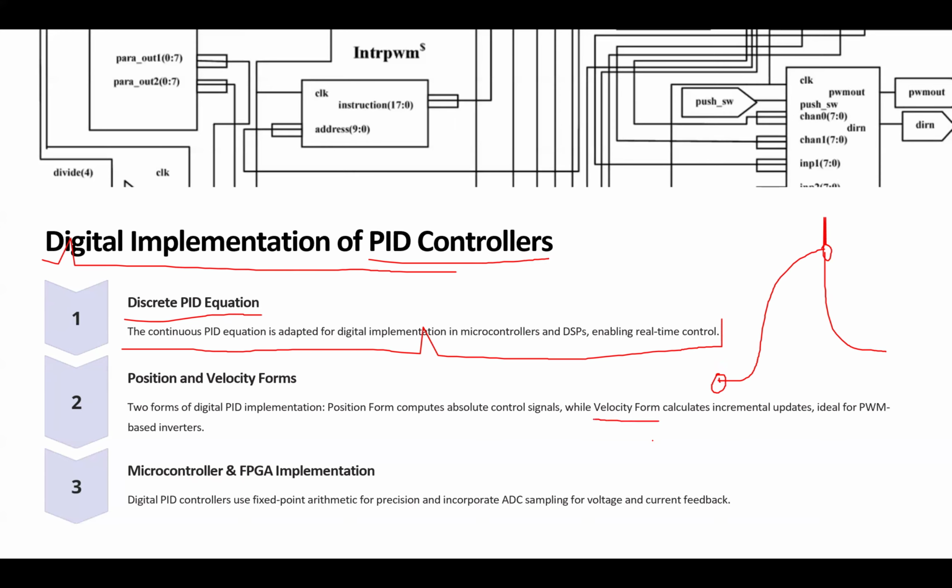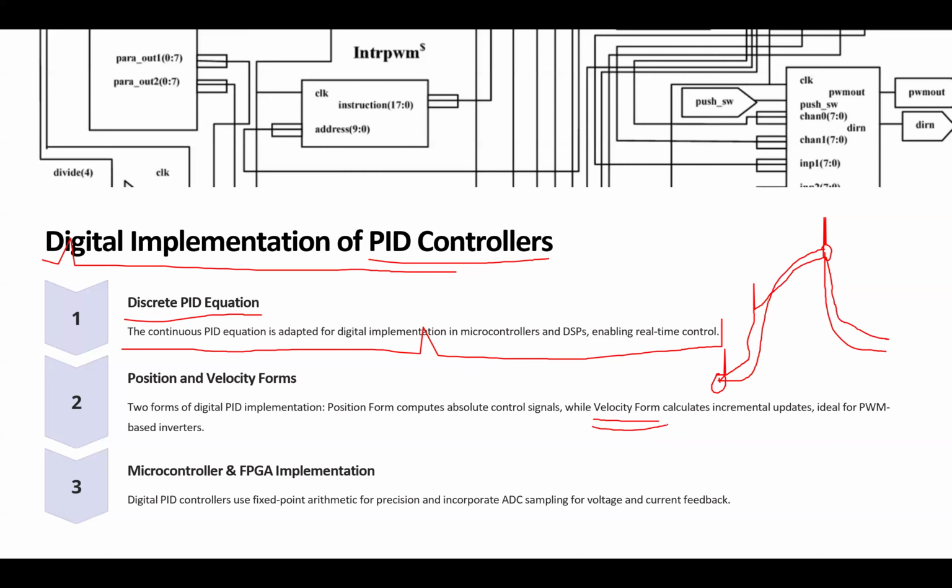Another way is the velocity form. So instead of the value itself, you work with how fast this value is changing through time. By controlling the velocity, you control the position of that value. Does that make sense?